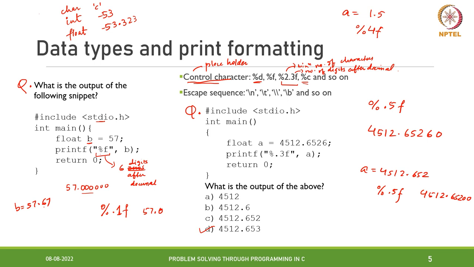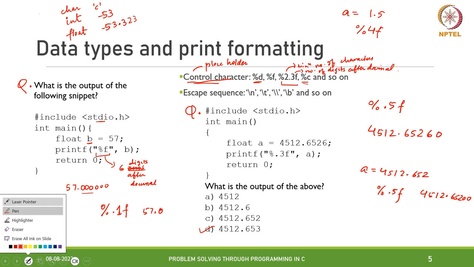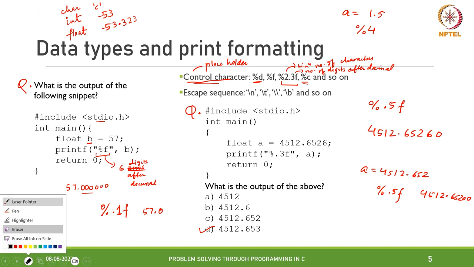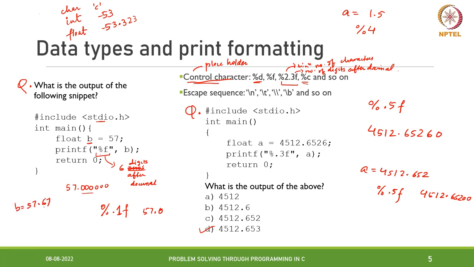Not this one, this is not a good example, because these are floating numbers. If I write it like this, it will highlight the example better. I'm saying that I want only one digit after the decimal, and I need a minimum of four characters to be printed.